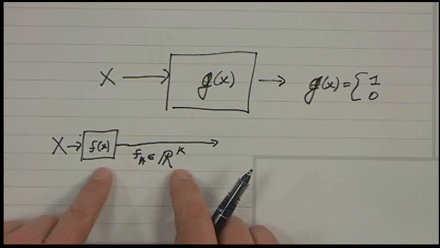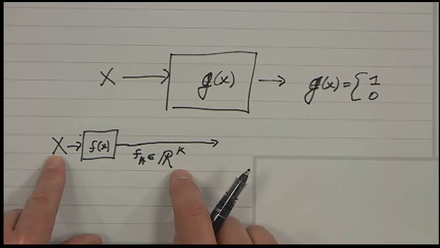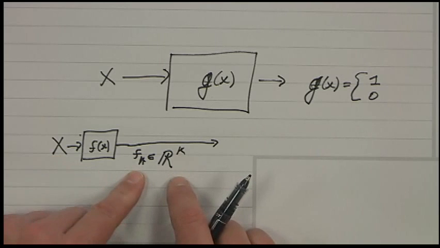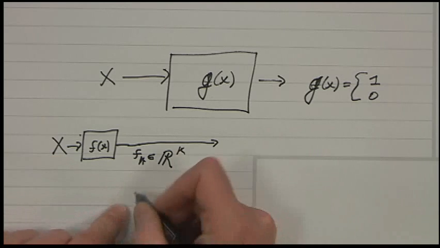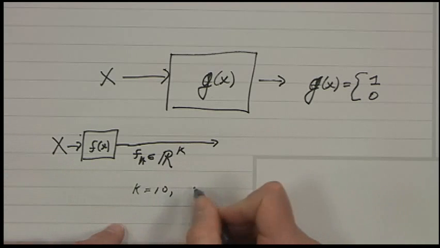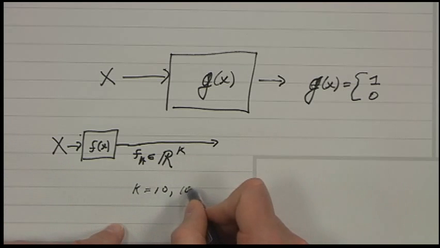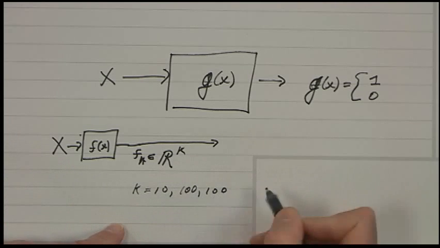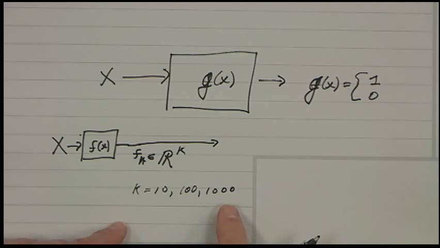So what you do is summarize all the information in X with a relatively low-dimensional feature vector. Here k could be 10, maybe 100, maybe 1,000, but generally not 10 to the 12.